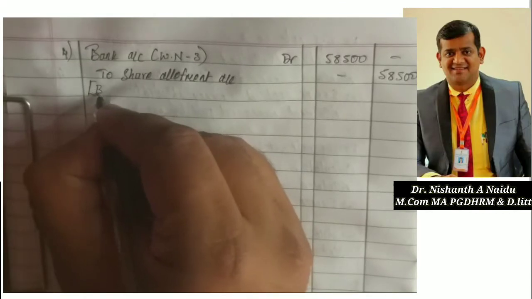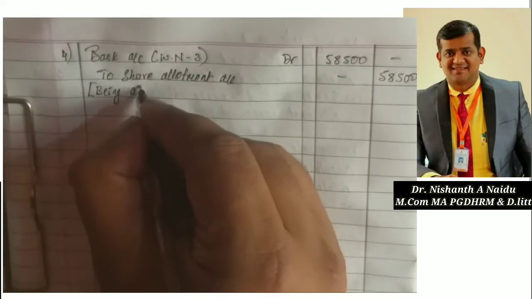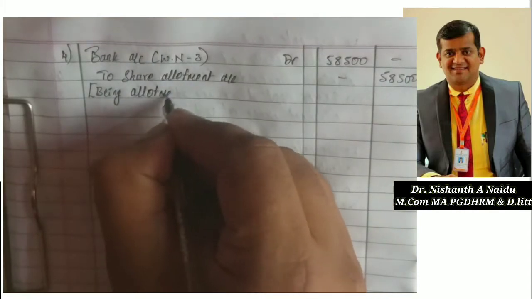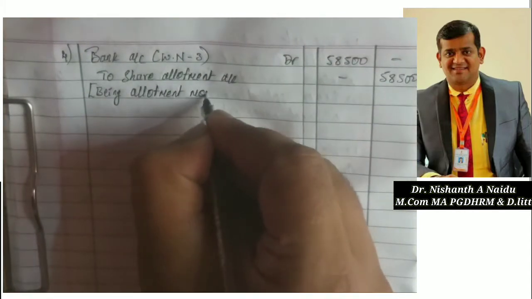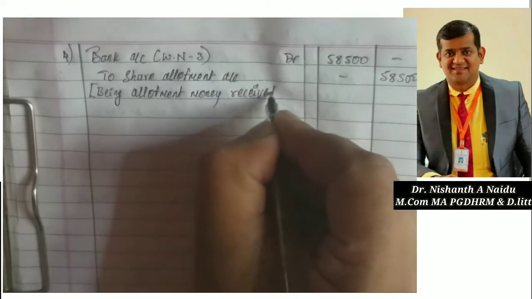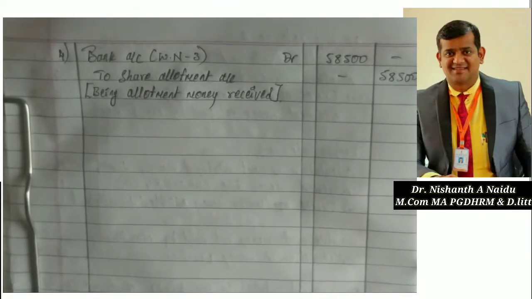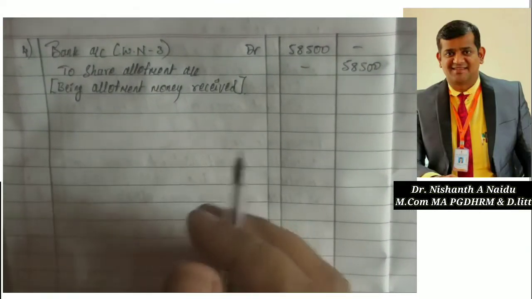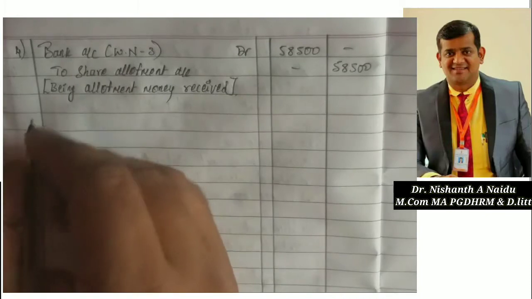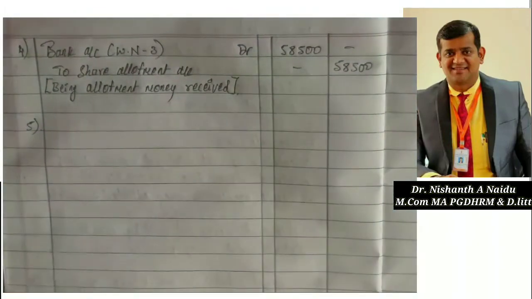Narration is being allotment money received with respect to working note number 3. If they refer to working note number 3, that is enough. So next, the 5th entry is for first call.